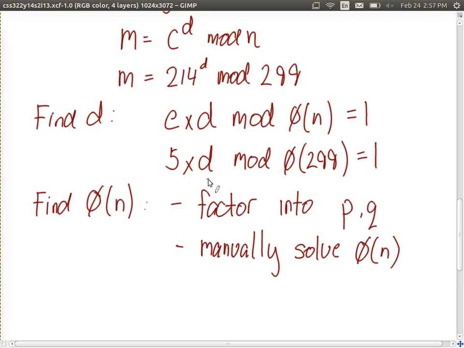So the security of RSA depends upon the fact that factoring a number into its primes is hard, calculating the totient of a number is hard, and solving a discrete logarithm is hard. And people consider them to be hard, and in fact the easiest of those three problems is considered to be factoring into the primes.